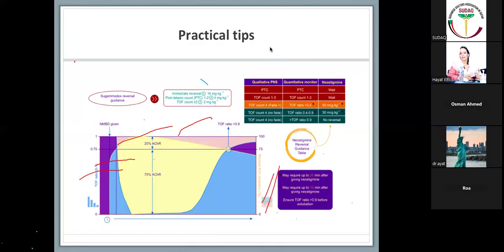I didn't include them because I wanted to keep the topic as basic as possible, but for your sake, have a look at them. They will enlighten your knowledge about muscle relaxants and clinical practice. So for this question, you need to sedate and anesthetize the patient, and then wait for the muscle relaxant to wear off.